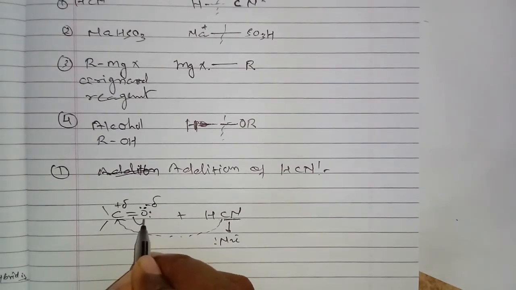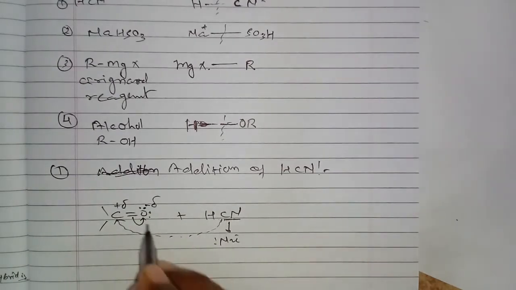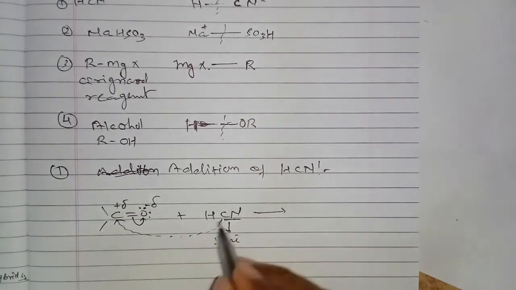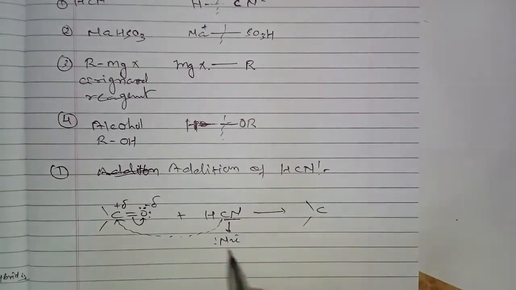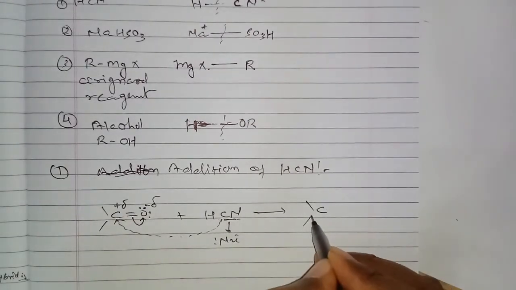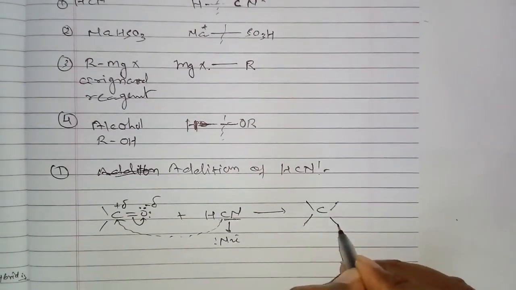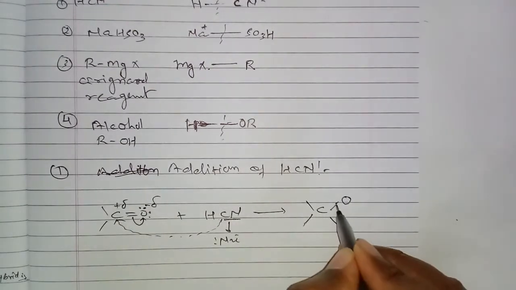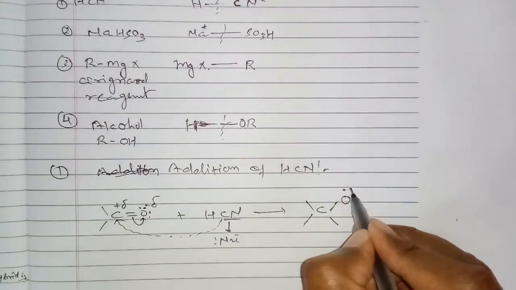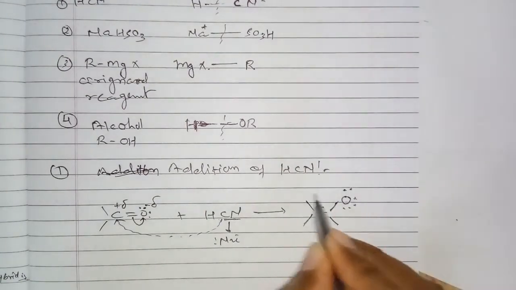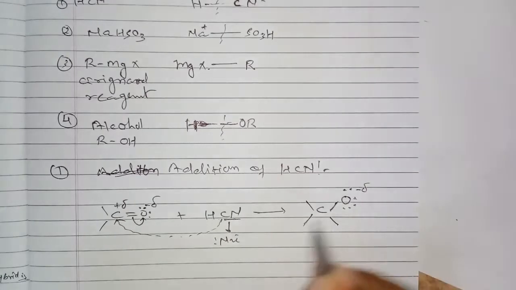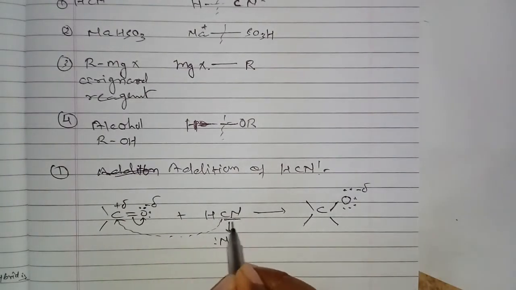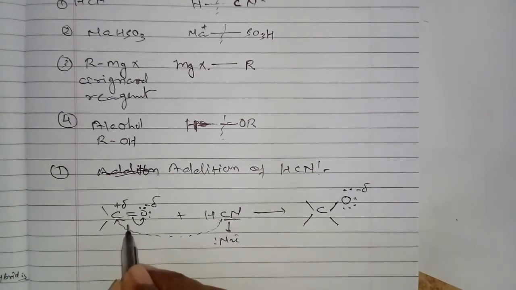The double bond will convert to a lone pair of electrons, and here is the carbon. Now the oxygen's double bond will convert to a single bond, and the oxygen has three lone pairs of electrons and a negative charge, and this CN will be attached to the carbon.